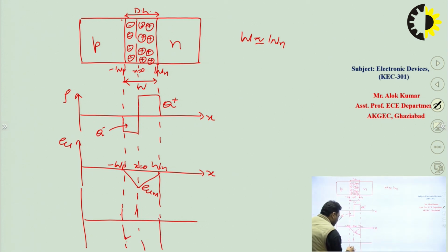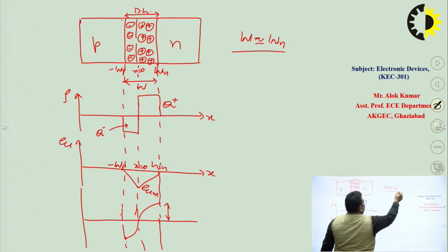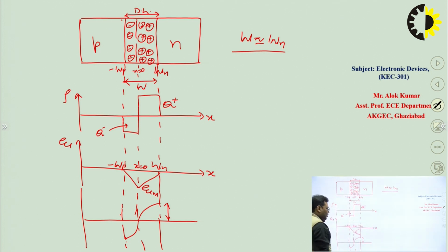So this will be the potential, and as we have assumed that W is approximately equal to Wn, here the potential will be equal to Wb. This is the potential graph. Here x is equal to 0 again, right?